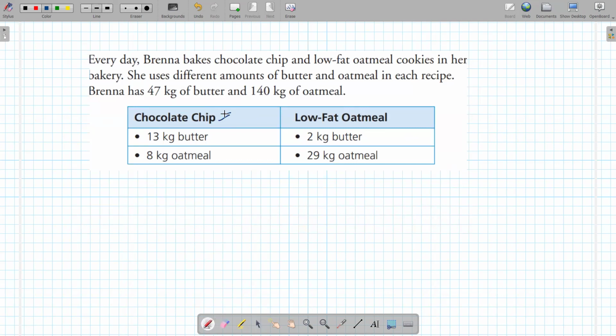So let chocolate chip be x, okay? Let this be y. And notice we have one for butter, and we have one for oatmeal. So what are the two equations? It's pretty simple if you see the pattern here.